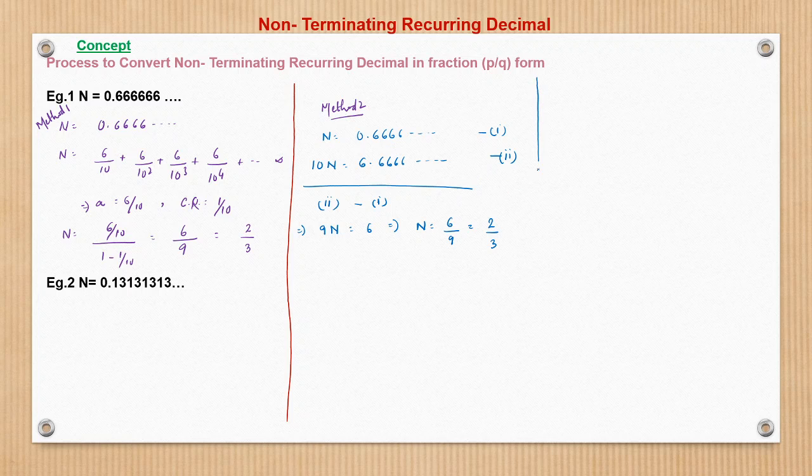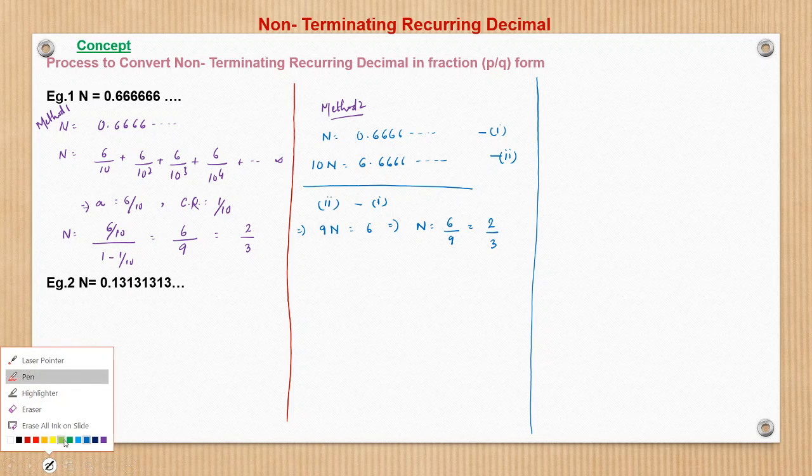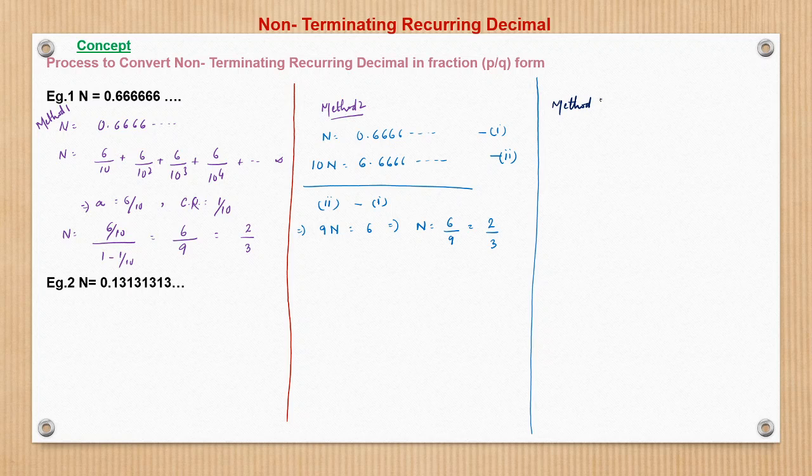Now there's another method also, which we discussed in the previous session. So this is the way we solve using GP series or using an equation. There's a straight method also, right? Method 3 is a straight formula-driven method, wherein if n is 0.6666, we can write this as 0.6 bar, right?